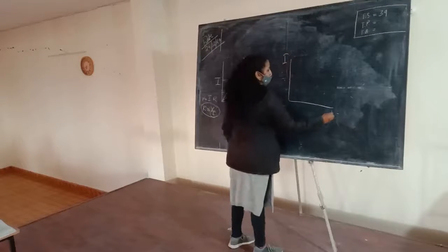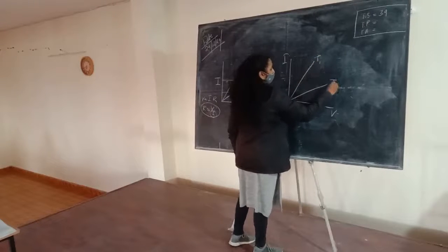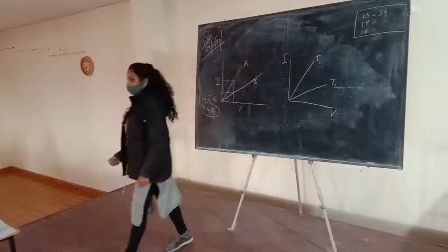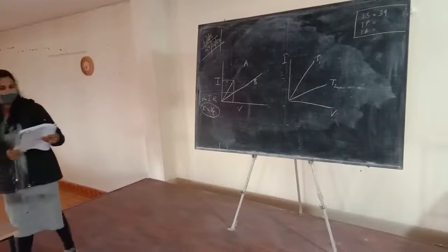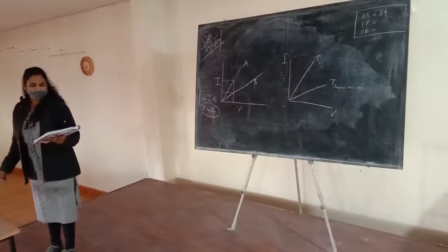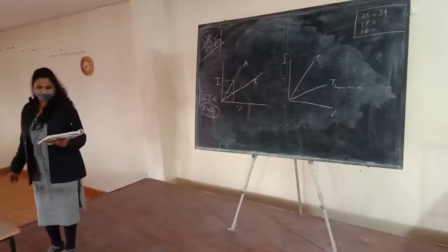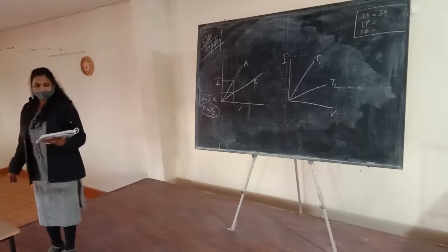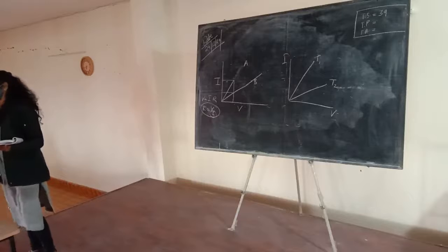I and V, T1 and T2. I am reading the question. The current I and voltage V graph for the given metallic wire at two different temperatures T1 and T2 are shown. Is T1 greater than T2 or T2 greater than T1?